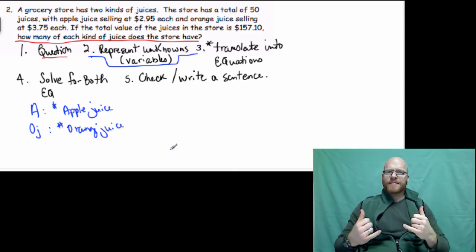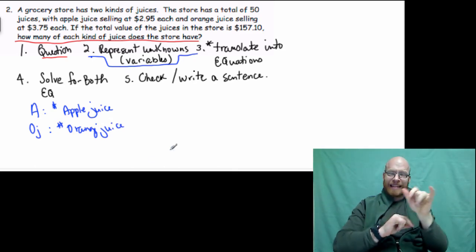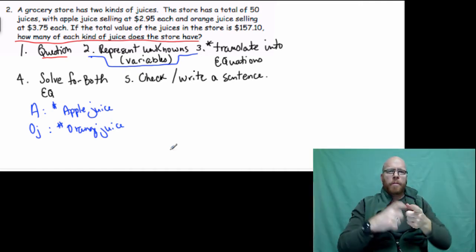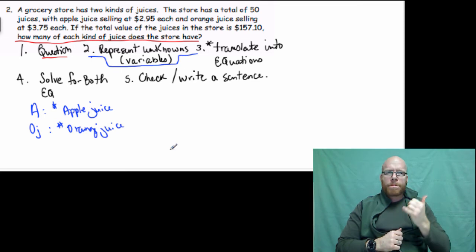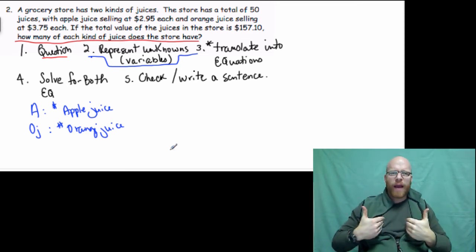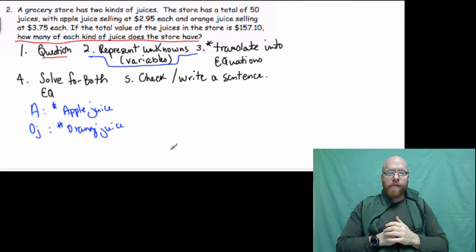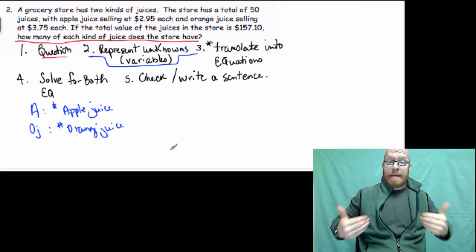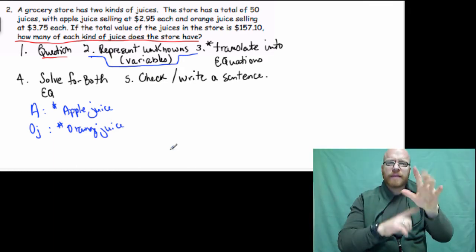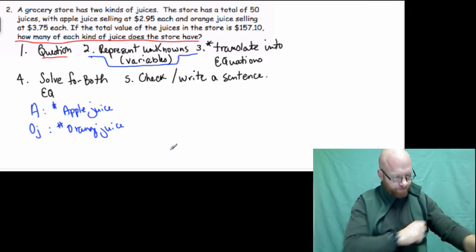All right. Now the third step, the most important and the hardest of all the steps, is to translate what you have into two equations. You have to analyze the word problem, look at what you have, figure out what you need, and set up two equations for that. Now we have the total number of bottles. That's in our top sentence: 50 bottles in total.